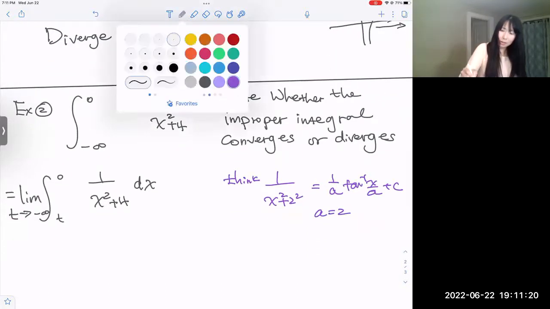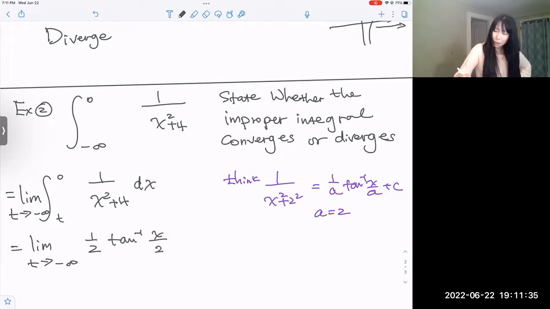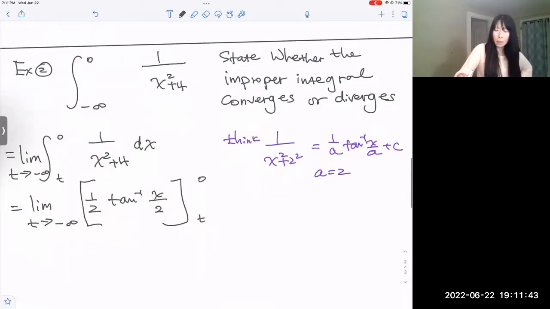So we're going to have the limit as t approaches negative infinity of 1 over 2 arctangent of x over 2, and we're going to evaluate from t to 0.